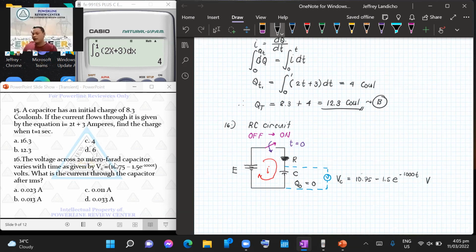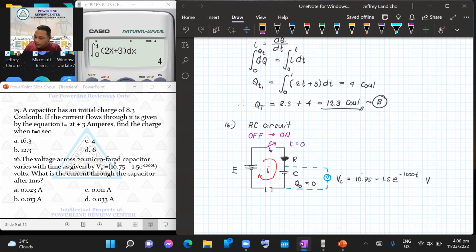Okay? So, yan daw ang naging equation ng ating voltage across the capacitor. So, ibig sabihin, kapatid, same as previous problem, there are other unknown parameters in the given circuit that actually affect the equation of the voltage across the capacitor.